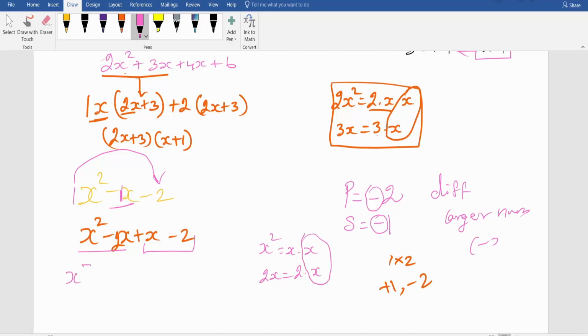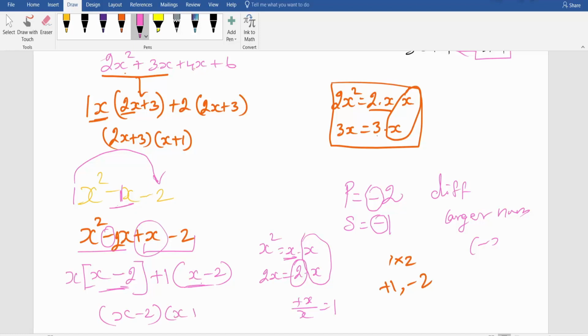So taking x out, I'll have x here, minus 2 left out here, x minus 2. And as already discussed, whatever is inside this bracket is x minus 2. Now divide this plus x by this plus x, I'll end up with 1. So this is plus 1. So x minus 2 into x plus 1 is the factor of the given.